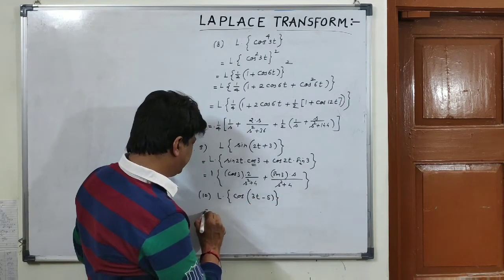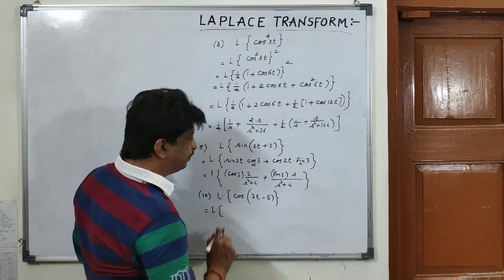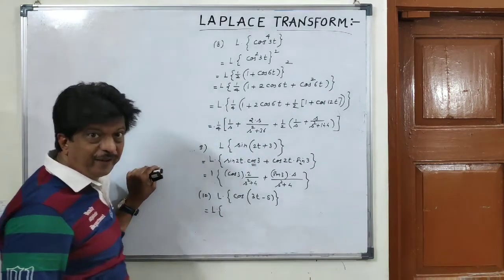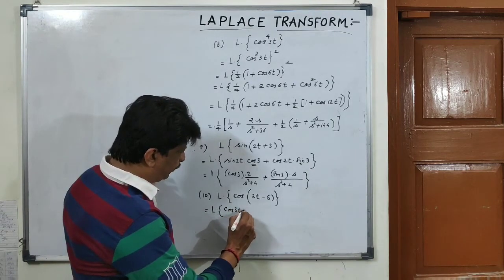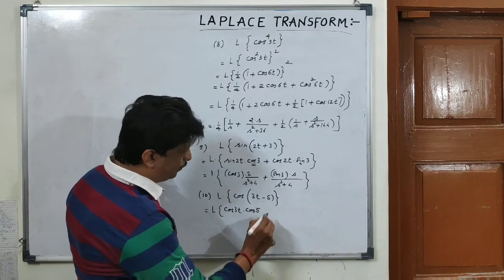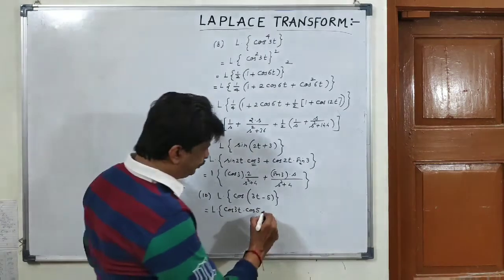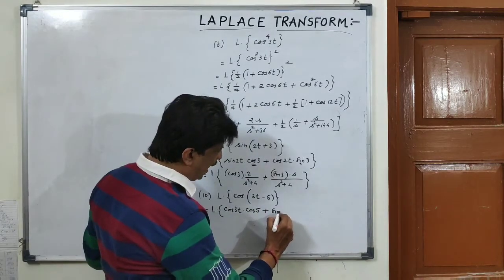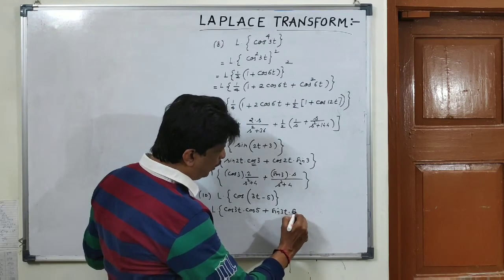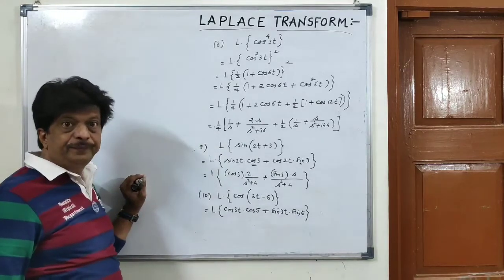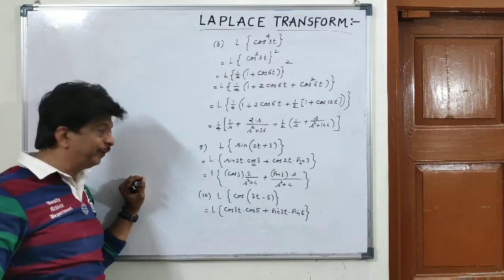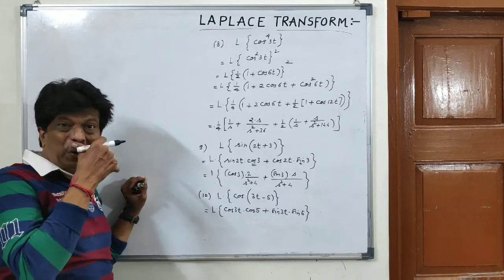That is equal to cos 3t into cos 5 plus sine 3t into sine 5. Completely standardized using the formula of cos of a minus b: cos a cos b plus sine a sine b.